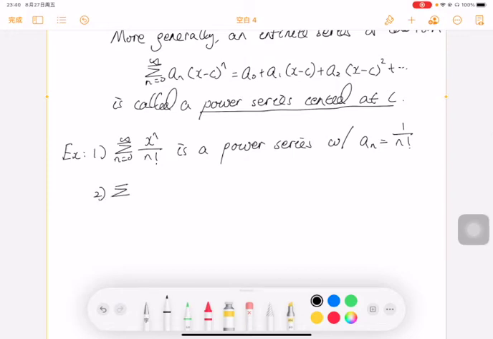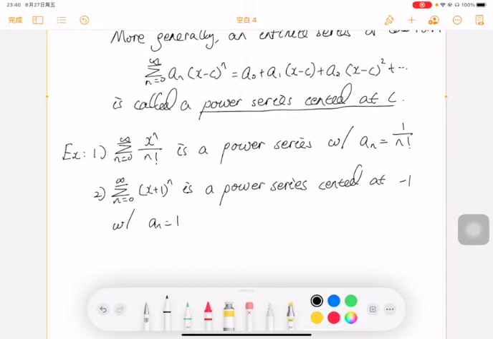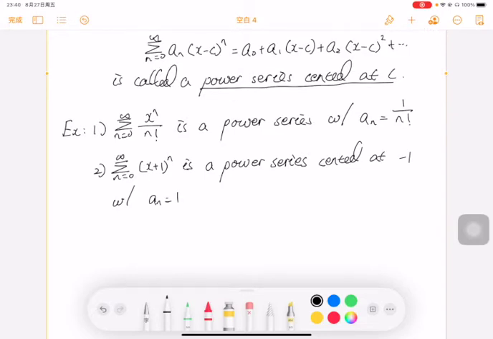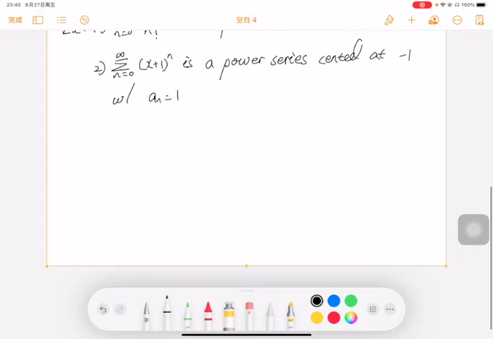And the sum from n equals 0 to infinity of (x plus 1) to the n is a power series centered at -1 with a_n equal to just 1. Okay, so two examples of power series.